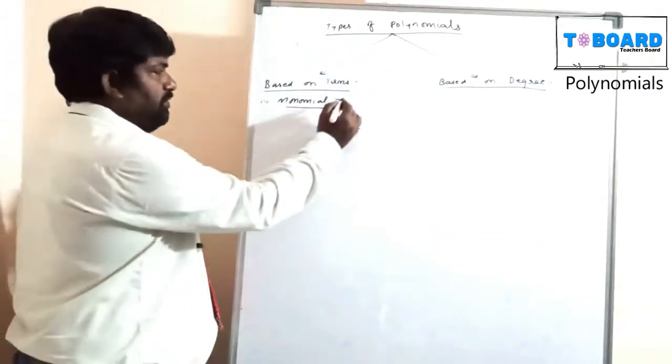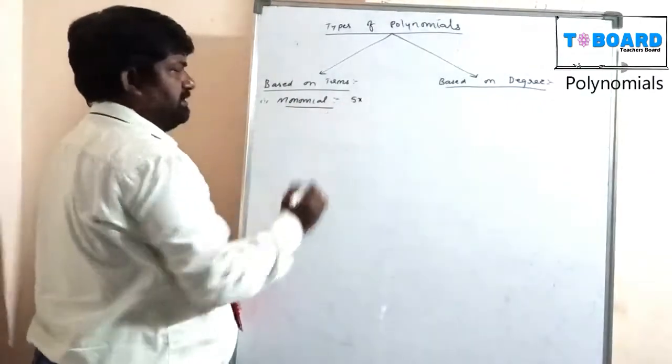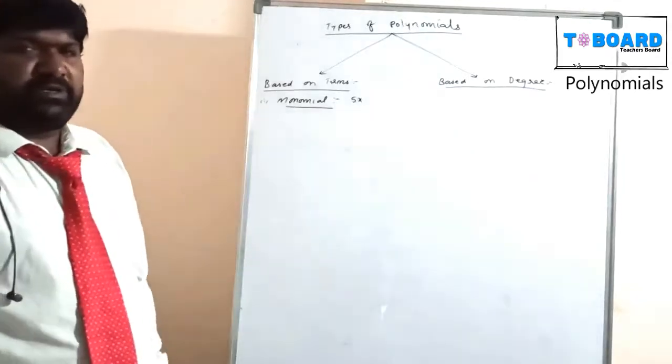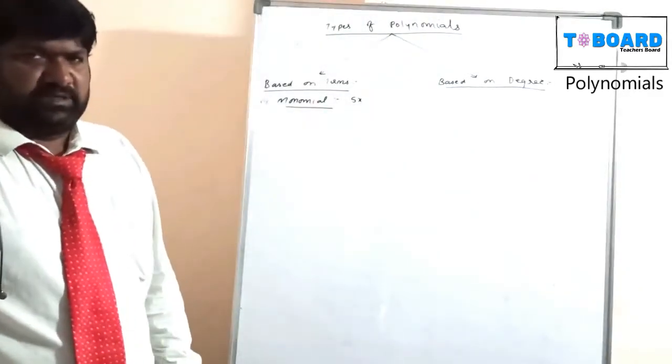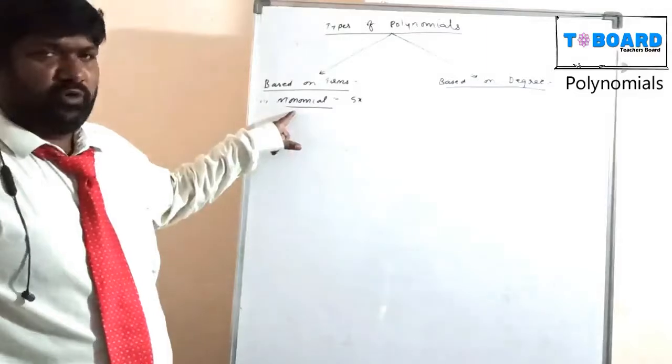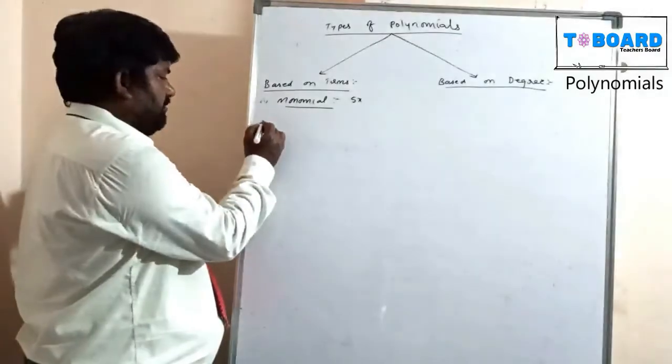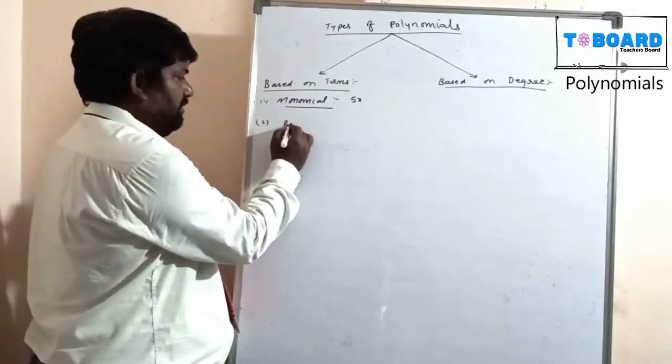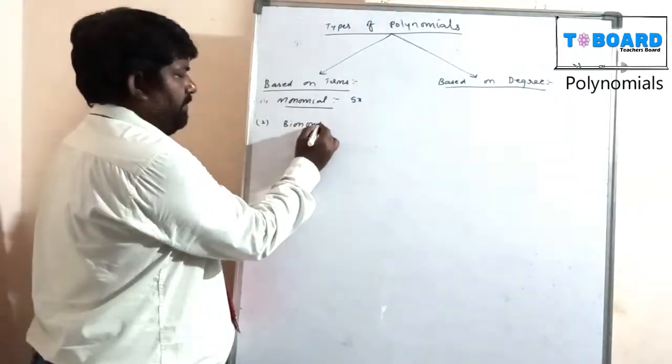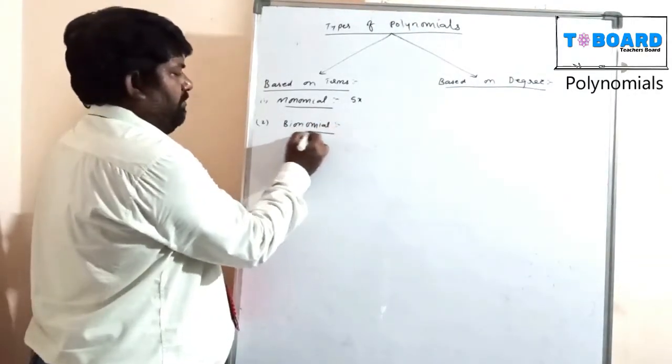Example 5x. 5x is only a single term. A single term is called a monomial. Next, the second one, binomial.